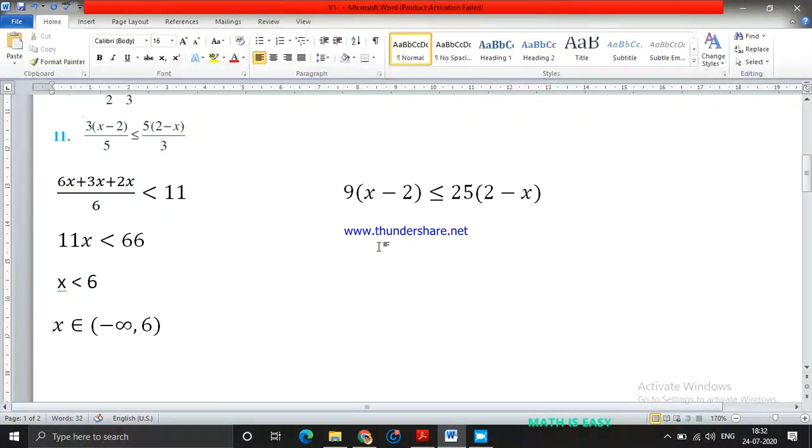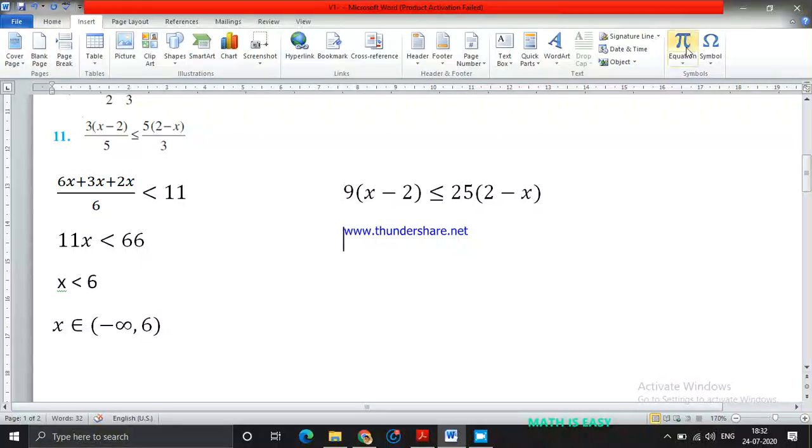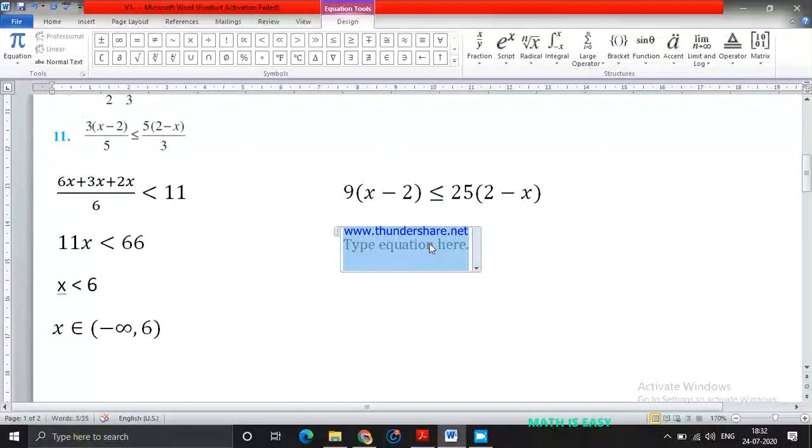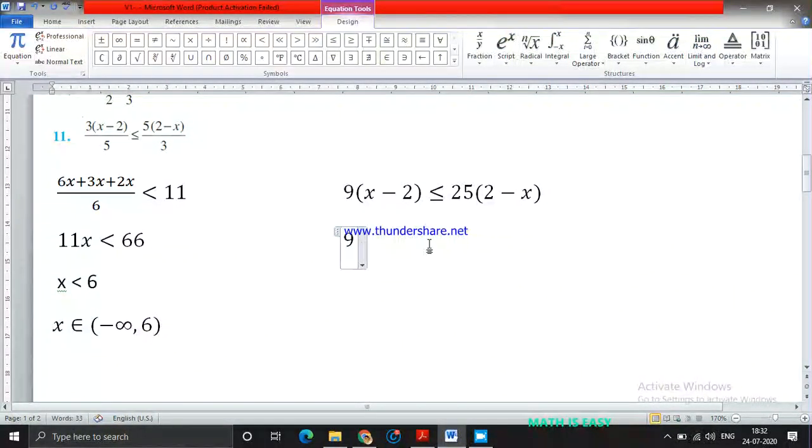So the next step, we open up the brackets and see what we get. If I open up the brackets, 9x minus 18 is less than or equal to 50 minus 25x.